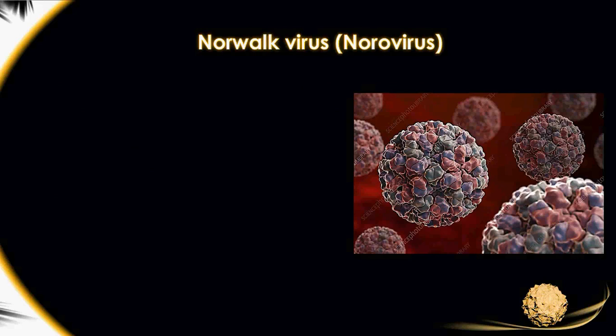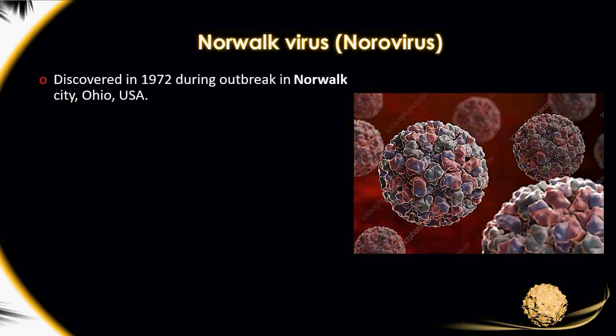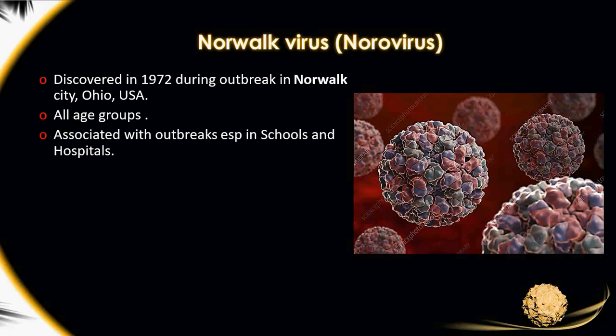A few words with regard to the Norwalk virus, or norovirus, which is a calicivirus, discovered by accident in 1972 during an outbreak in a city in the United States known as Norwalk. It affects all age groups, and it is associated with epidemic forms or outbreaks, especially in schools and hospitals.